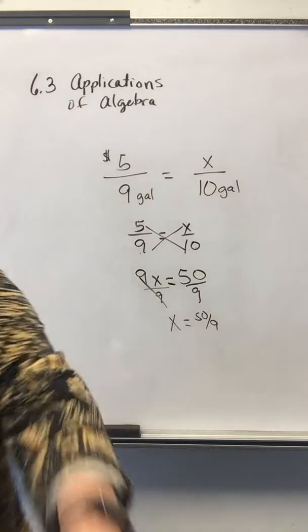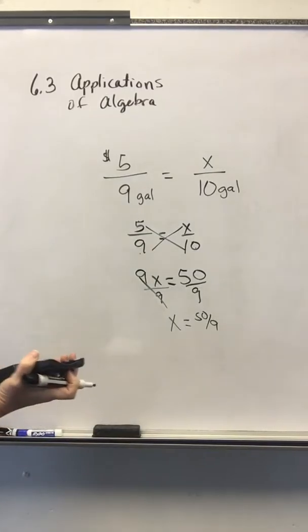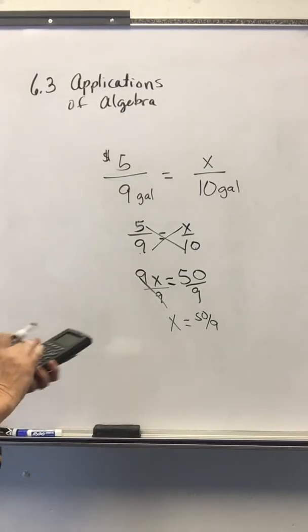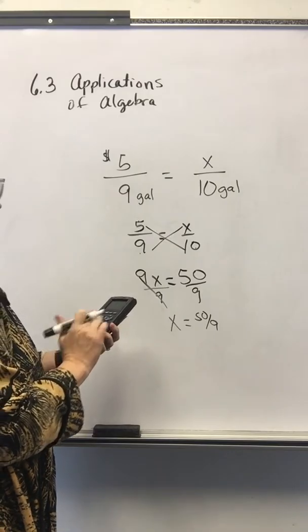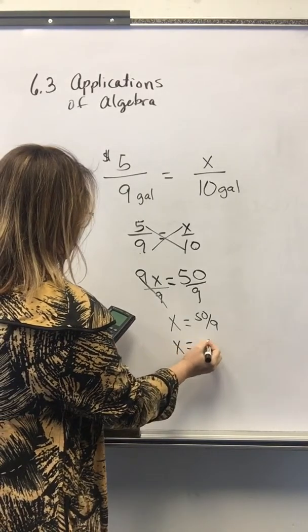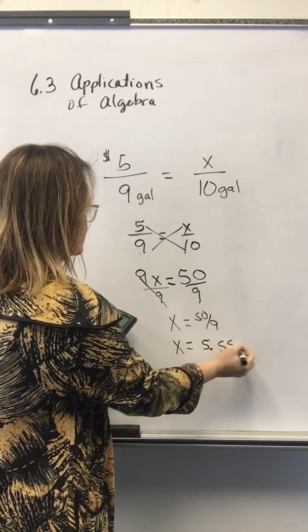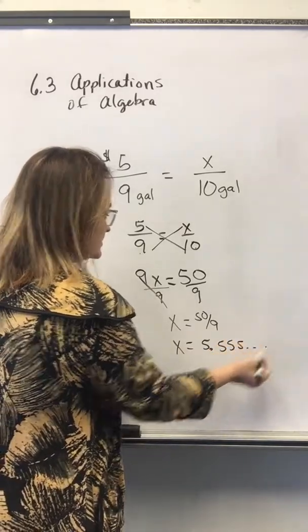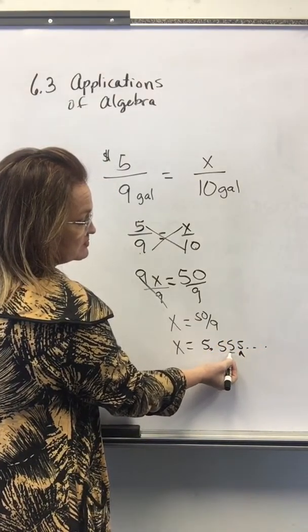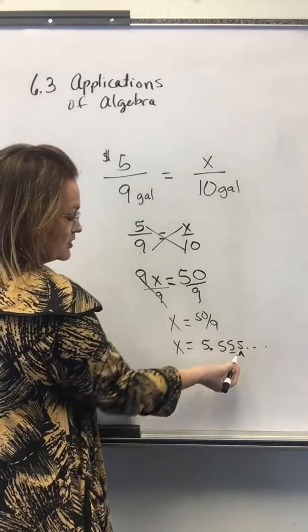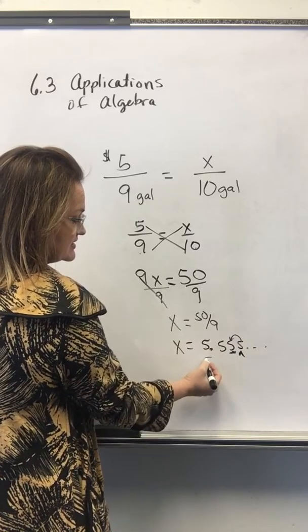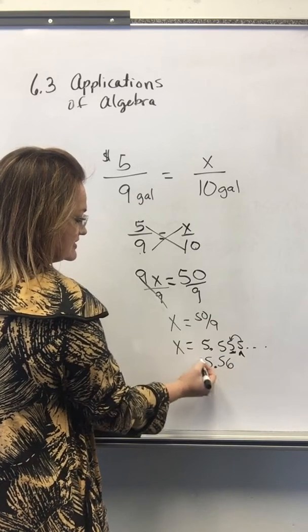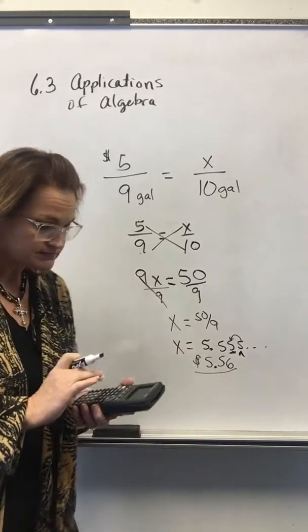Let me type that into my calculator and see exactly how many pennies that would be. 50 divided by 9 is about 5.55, 555 repeating. Notice it repeats. So let's round to the nearest penny. A lot of the ones that deal with money will want rounded to the hundredth place or the nearest penny. So that rounds it up to a 6. So $5.56 to be exact.